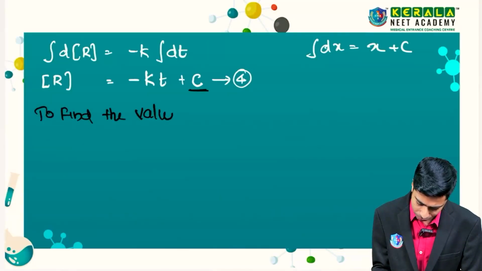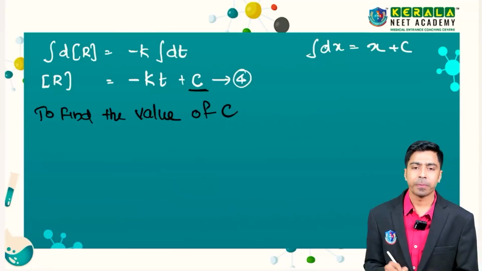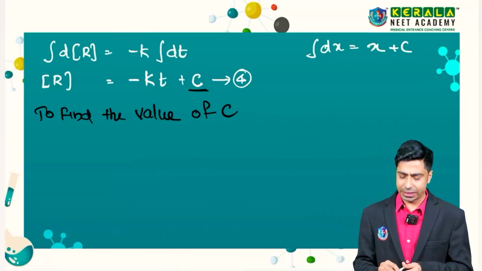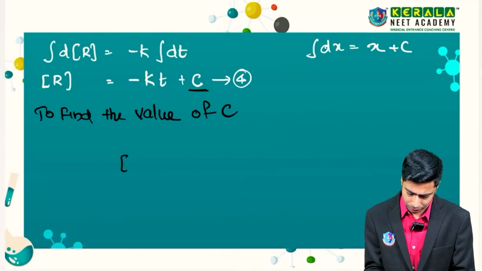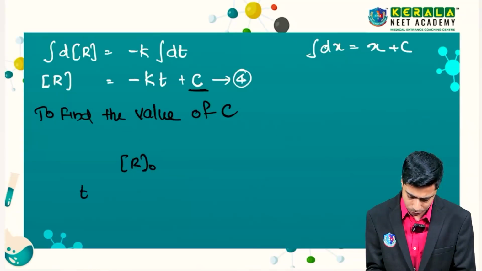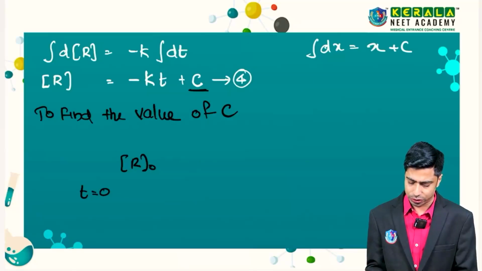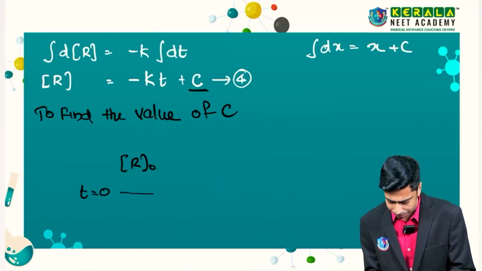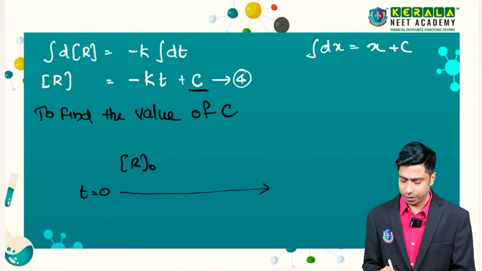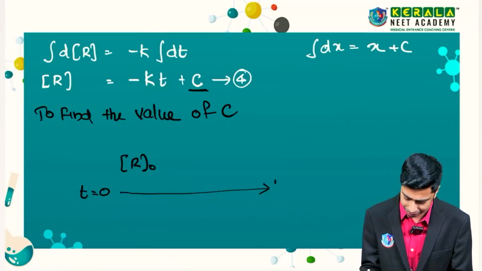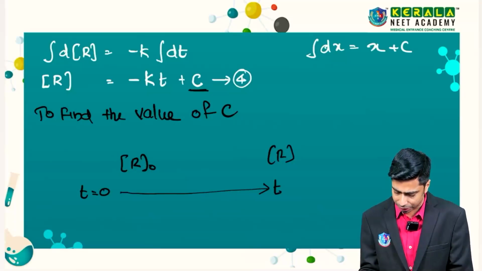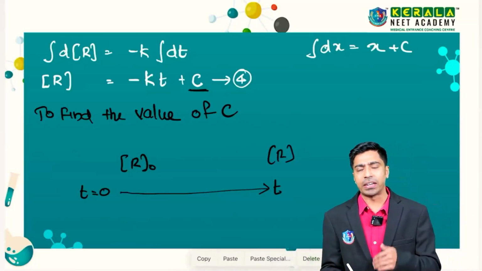To find the value of C, imagine we started the reaction with the initial concentration R0. That means when t is equal to 0, the concentration of reactant was R0. Now at a time t the reaction has proceeded and the concentration is R. That means the concentration of reactant depends on time.